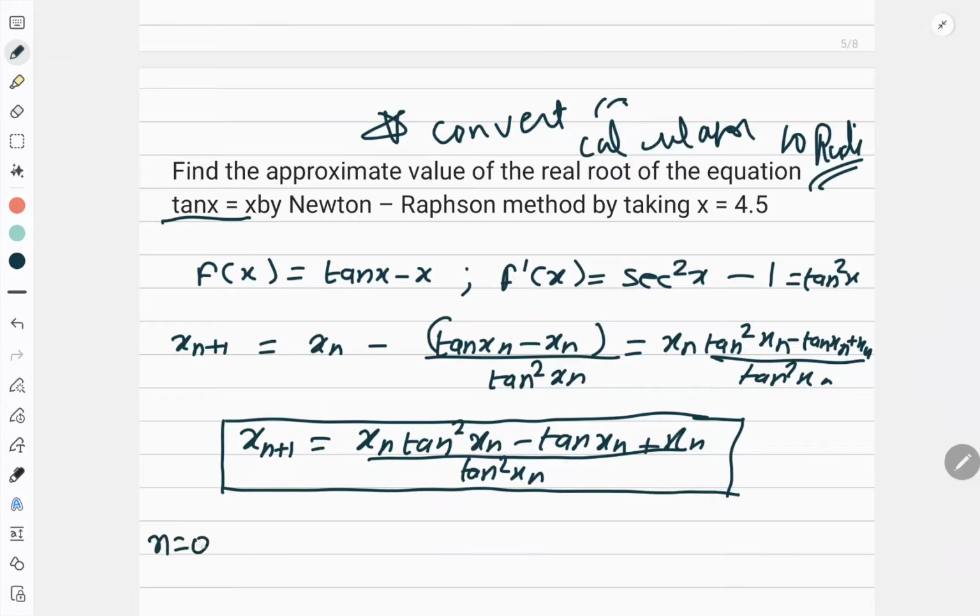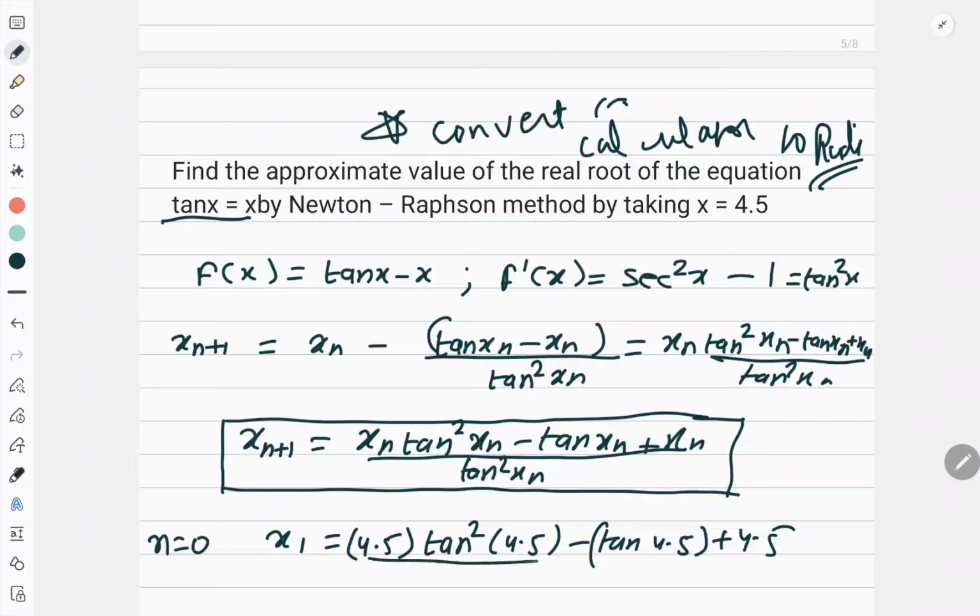Now put n is equal to 0. So x1 is equal to 4.5, tan square of 4.5 minus tan of 4.5 plus 4.5 upon tan square of 4.5.